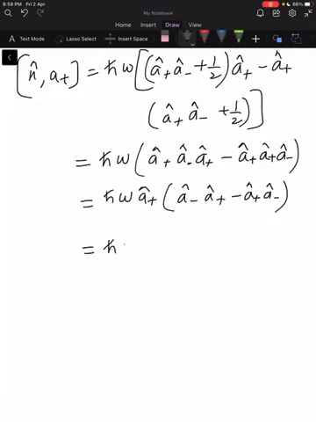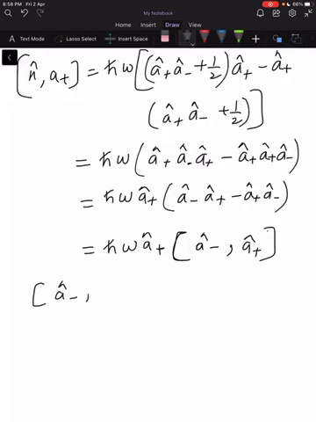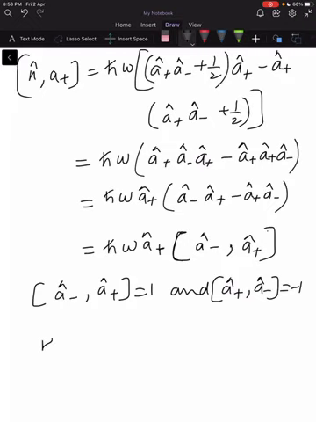Which is nothing but we can rearrange it as ħω a+ [a-, a+]. We know that [a-, a+] = 1 and [a+, a-] = -1.